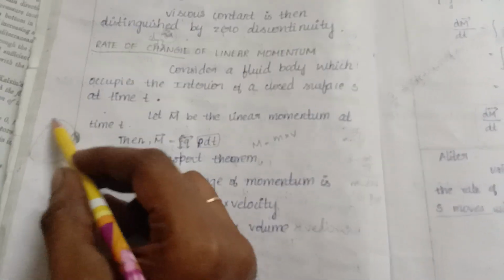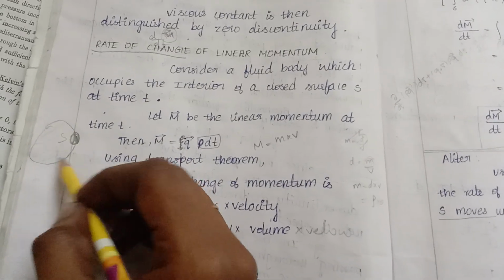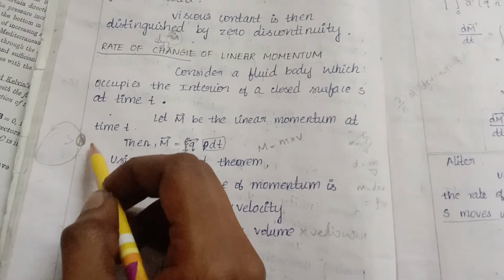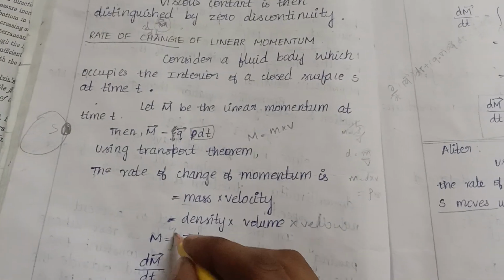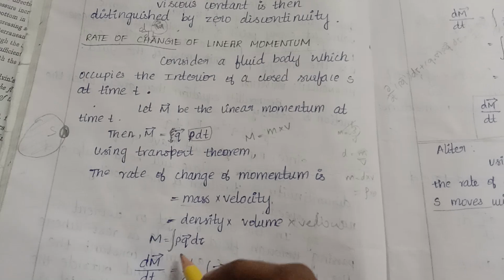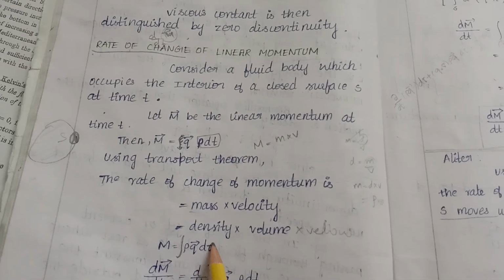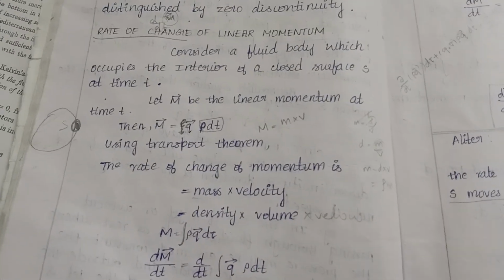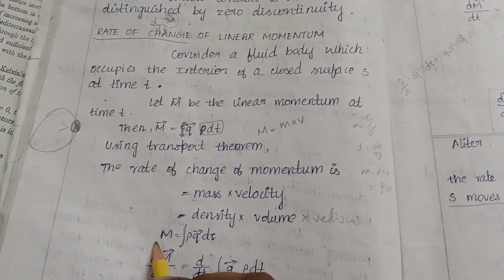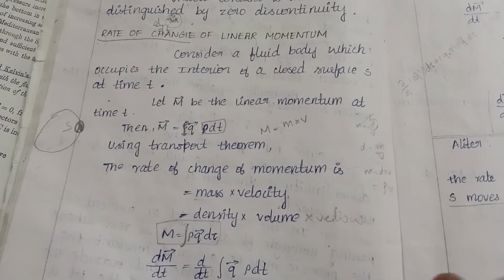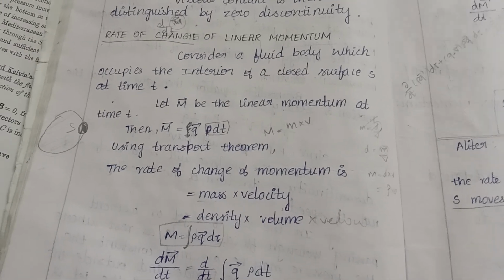If we need the whole body, the whole closed surface, we need to integrate. So m equals the integral of rho q vector d tau. We need to study the linear momentum of the whole body.